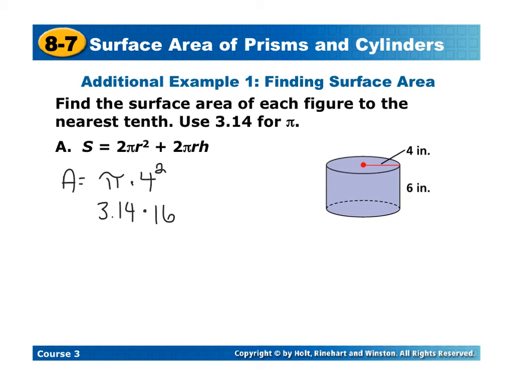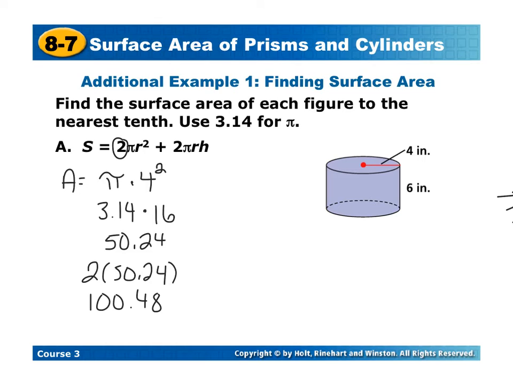And now I'm just going to do 3.14 times 16, which is 50.24. And because we have to take the area of the base and multiply it by 2, I'm going to take 2 times the 50.24, and I will get 100.48 as the area of our two bases.